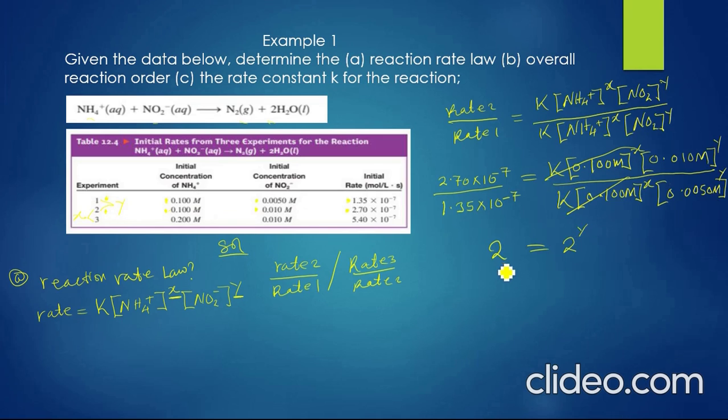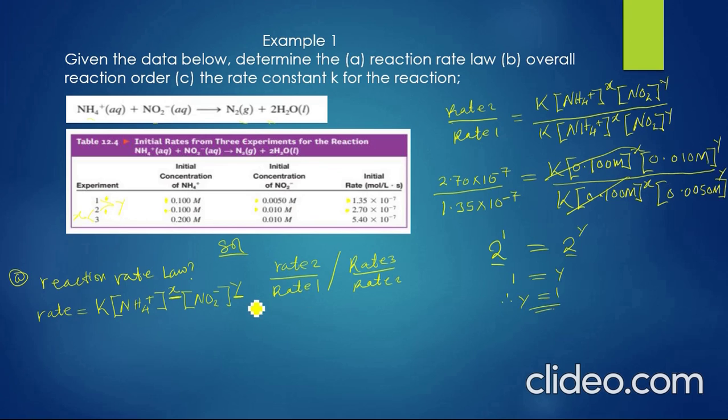So here now, these are laws of indices. The bases are the same, so you equate the powers. So this for this one to be 2 like this, which means it's having power 1. So therefore, we're equating the powers: 1 is equal to y, and our order y is equal to 1.